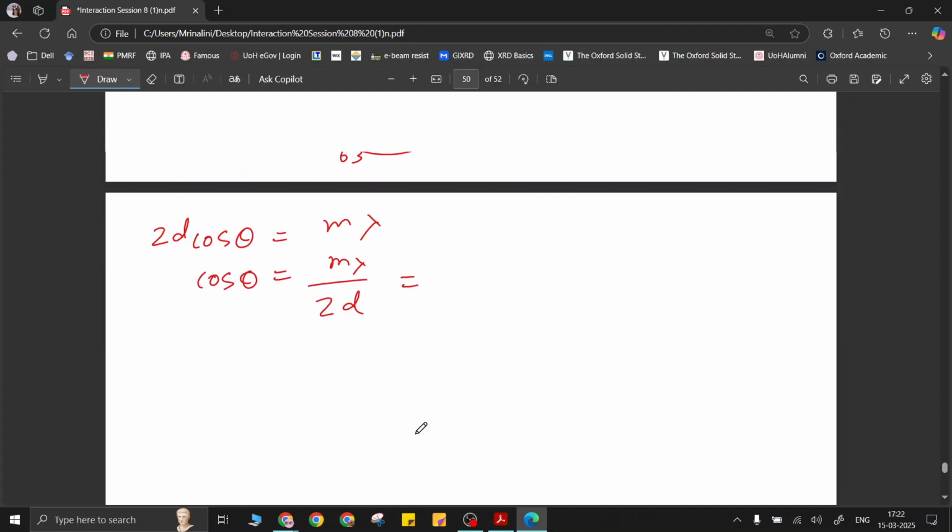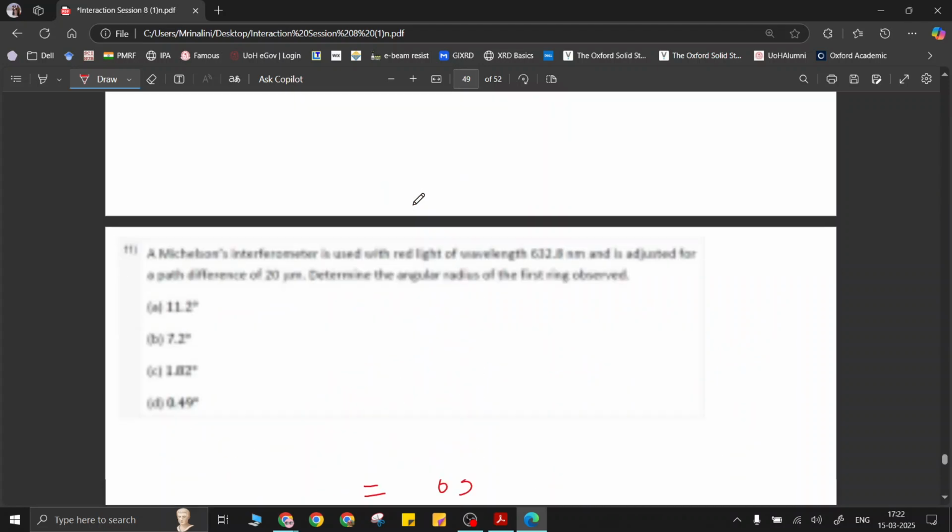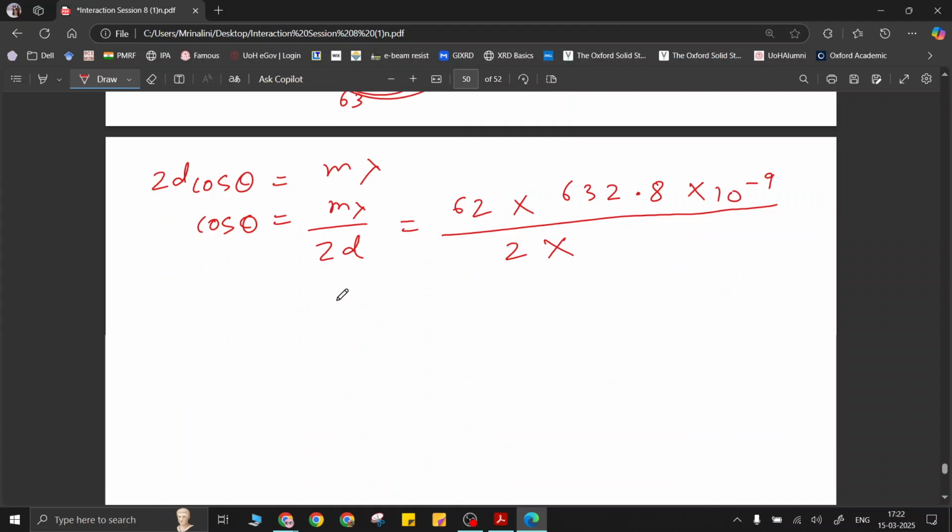That means the first ring is the 62nd order. Lambda is given to be 632.8 nanometer, 2 times d, and d is 20 micrometer, 20 times 10 to the power minus 6.